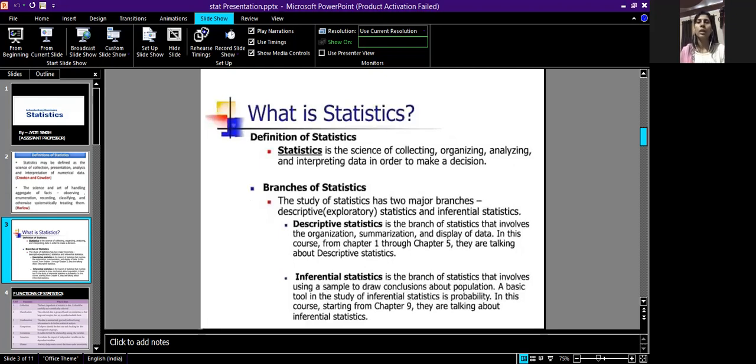Before we start analysis of the data, the most important thing we do is the collection of the data: what information we want to generate, and to whom or to which area that information is related.